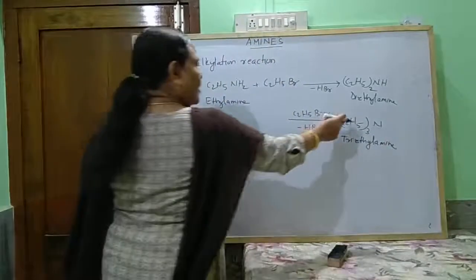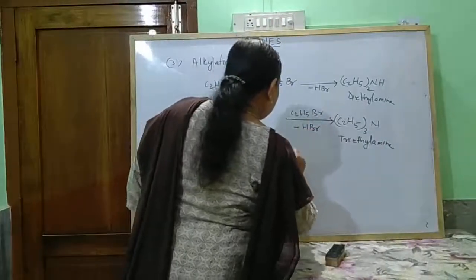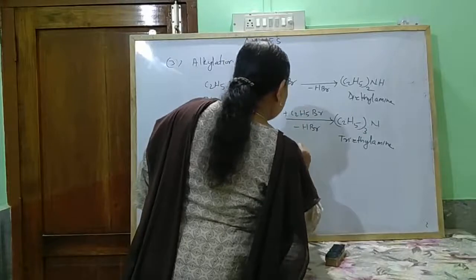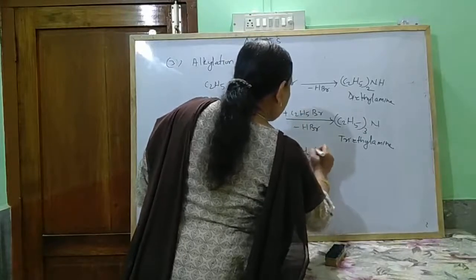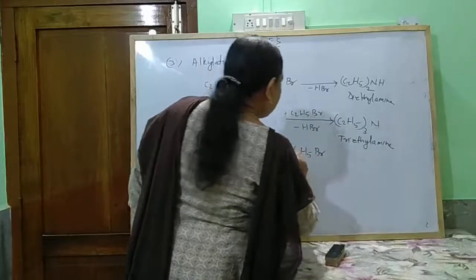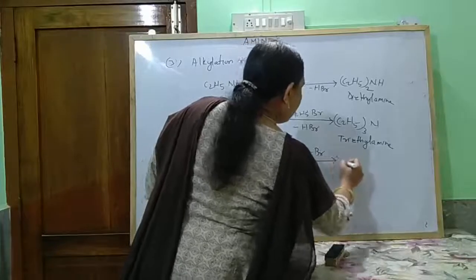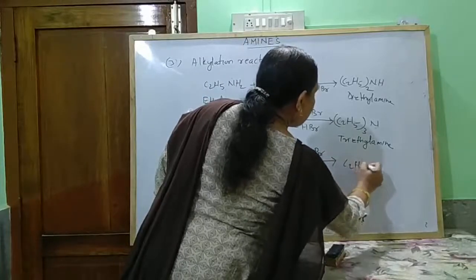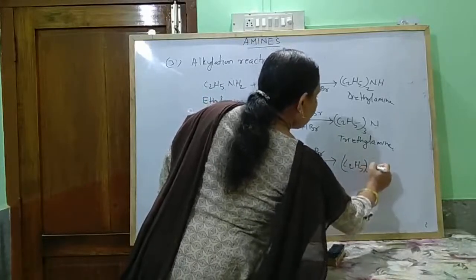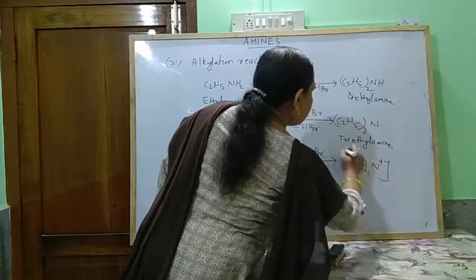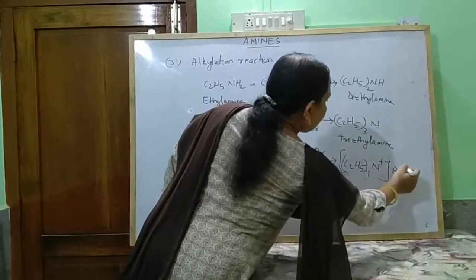Again this triethylamine reacts with alkyl halide to form (C2H5)4N+ and Br-.